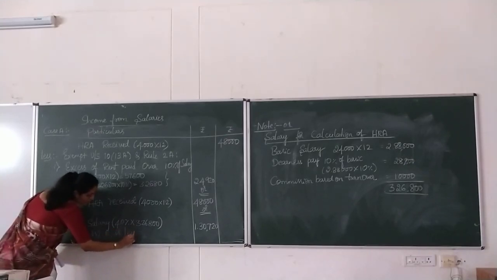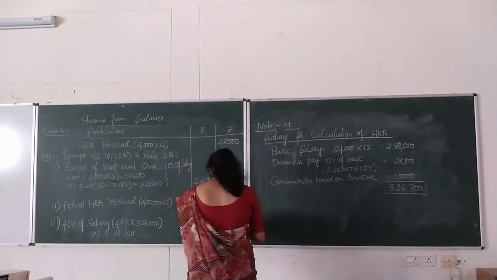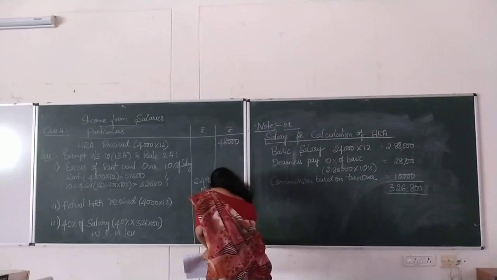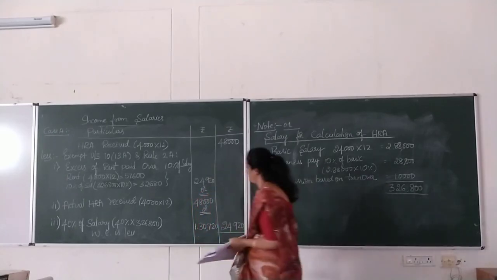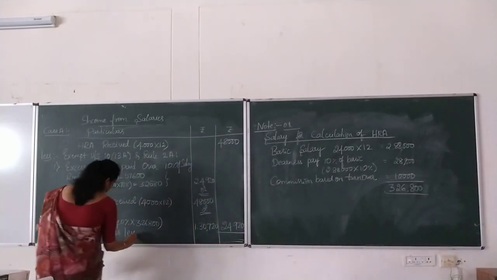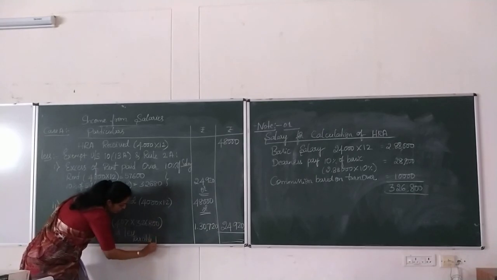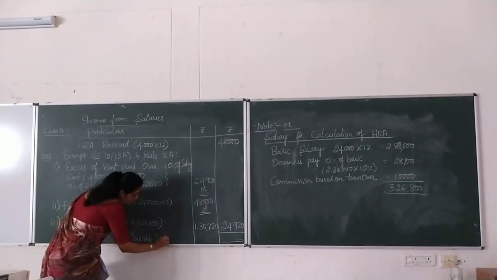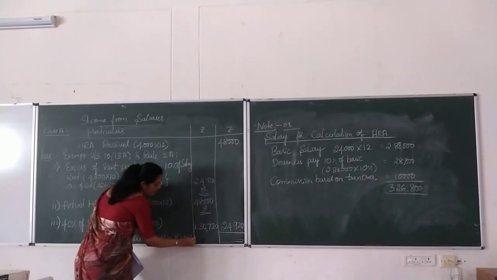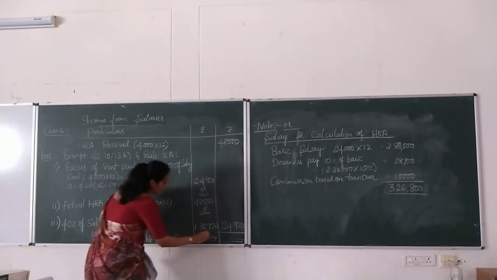Deduct it, and you get the taxable portion of HRA, which is 23,080.